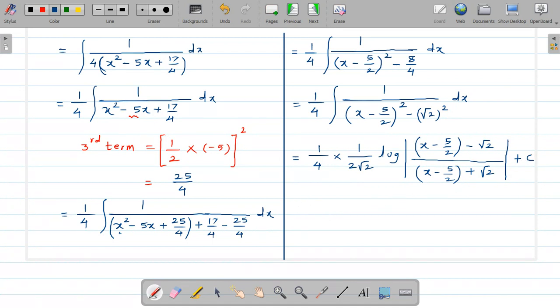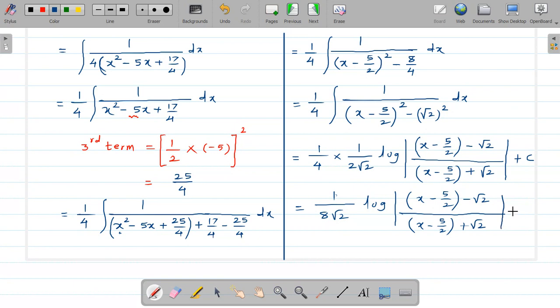So finally I will write the final answer as 1 upon 4 into 2 root 2, that is 8 root 2, into log of modulus of x minus 5 by 2 minus root 2 divided by x minus 5 by 2 plus root 2, plus constant. So this is the final answer.